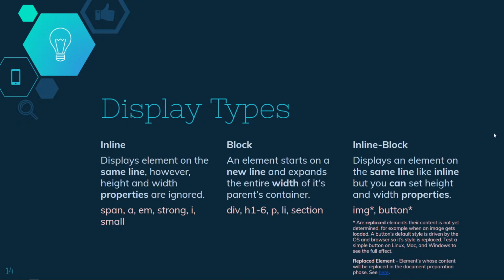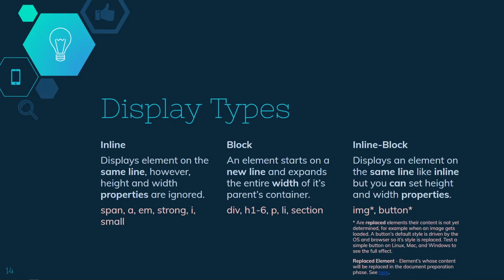And then we have something called inline block, which displays an element on the same line like inline, but you can set height properties. So if you want a button to be right next to your sentence, right in the middle of your sentence, but you also want to be able to change the height or the width of this button in the middle of your text, then you use something called inline block.